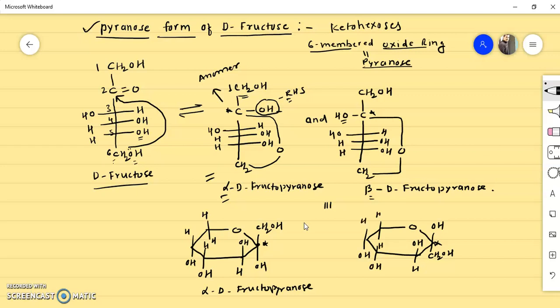This will be the beta D fructopyranose. So in this way we can draw the alpha D fructopyranose and beta D fructopyranose forms of D fructose in the Haworth form. Now we'll see how to draw the chair form of alpha D fructopyranose and beta D fructopyranose.